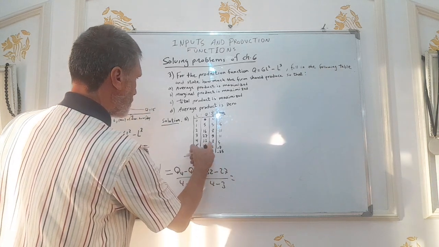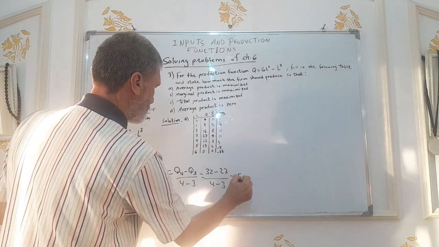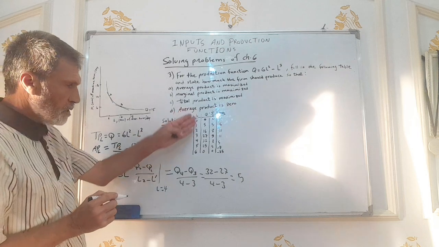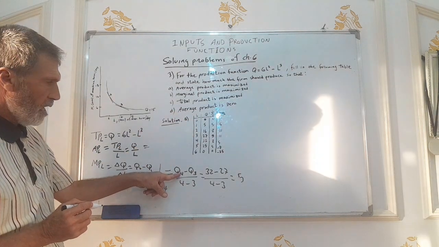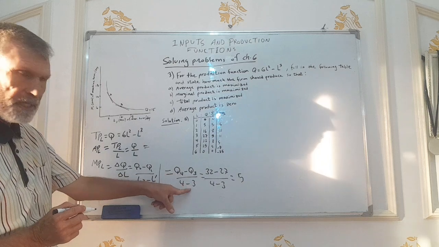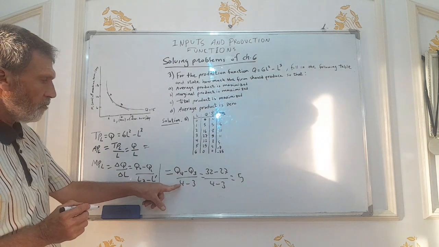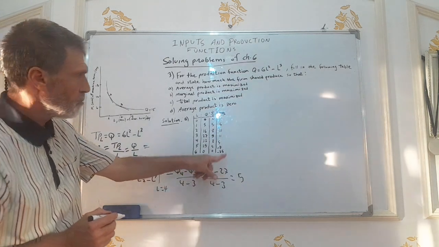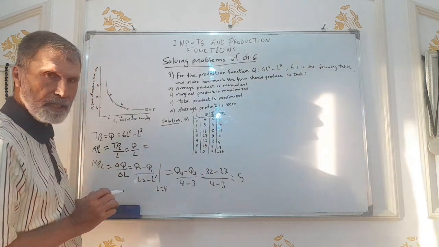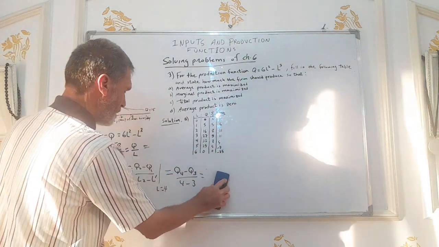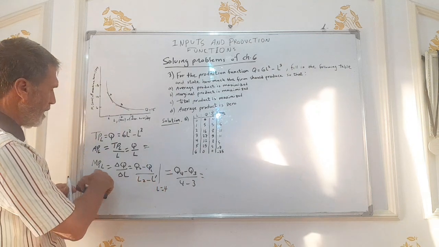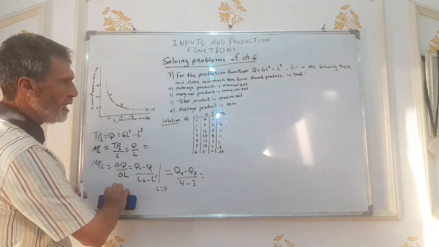What do you get over here? You get 5. And we can do the same thing using this formula. For L equals 5, Q5 minus Q4 over 5 minus 4, and we come up with minus 7. So this is how we calculate the marginal product of labor.